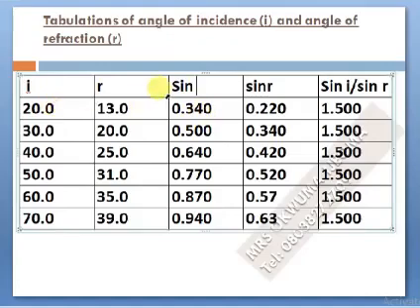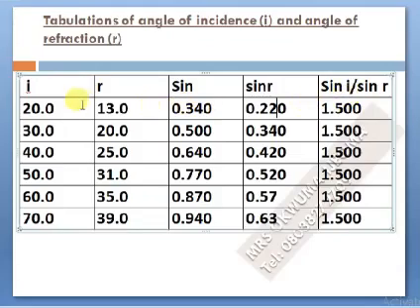Now you do sin R, which is sin 13 degrees, that is 0.220. Now sin I over sin R, which is 0.340 divided by 0.220, that will give us 1.50. You put it in 3 decimal places, because they are calculated values.